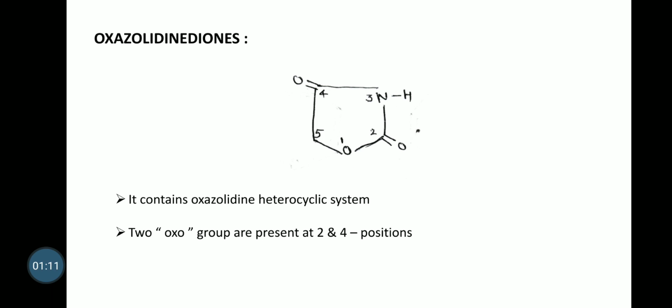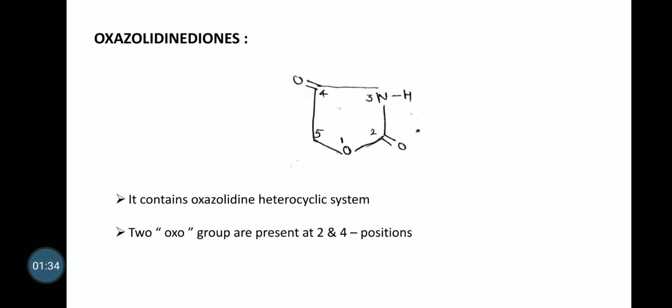And in this oxazolidine, two oxo groups are present at the second and fourth positions. Such a class is referred to as oxazolidinediones.